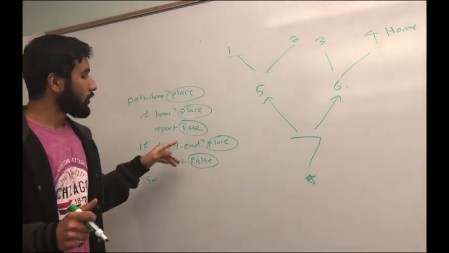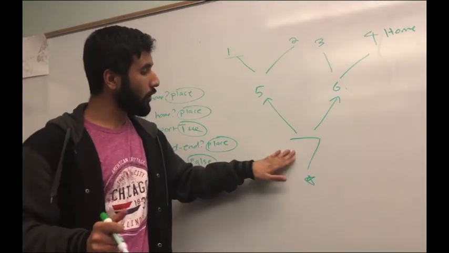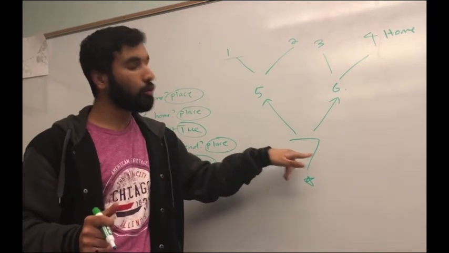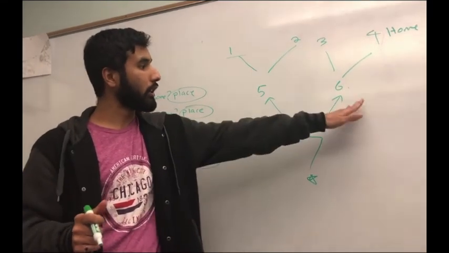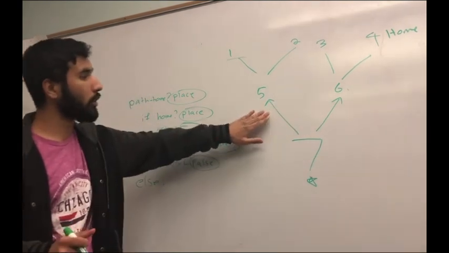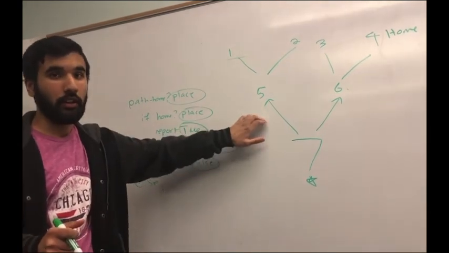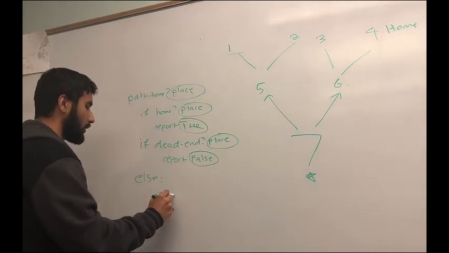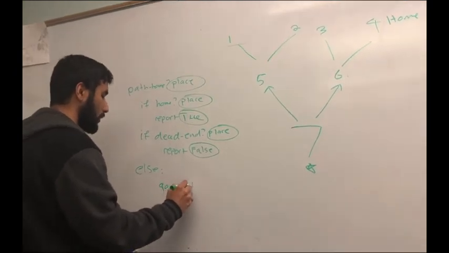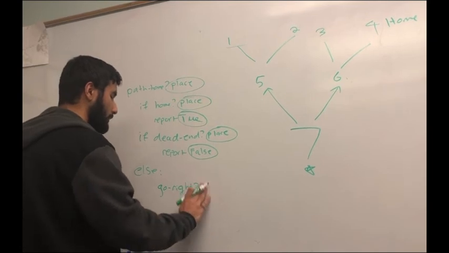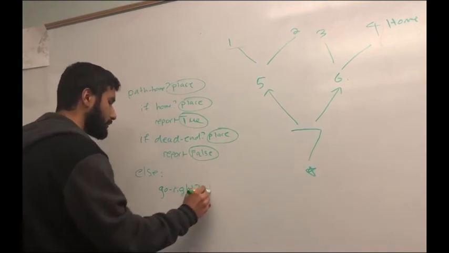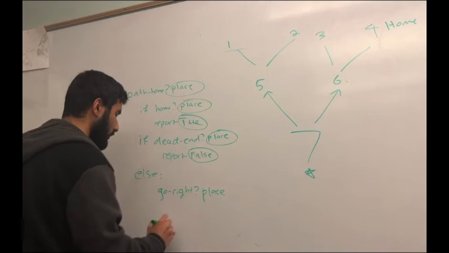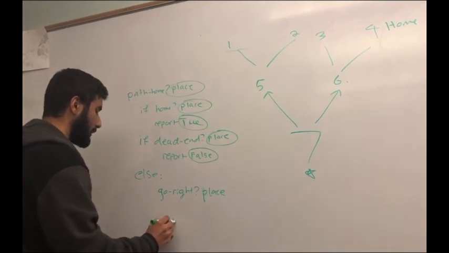So, if you're starting here, there's only 2 possible things you can do. You can either go right or you can go to the left, right? So let's at least write those things down here, because you know at some point you're either going to go right or left. We don't know what we're going to do with that yet, but we can say go right place and go left place.